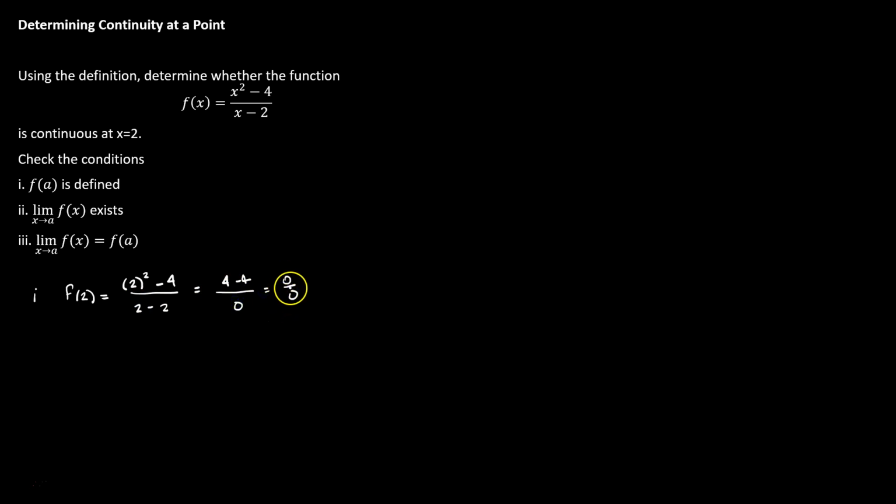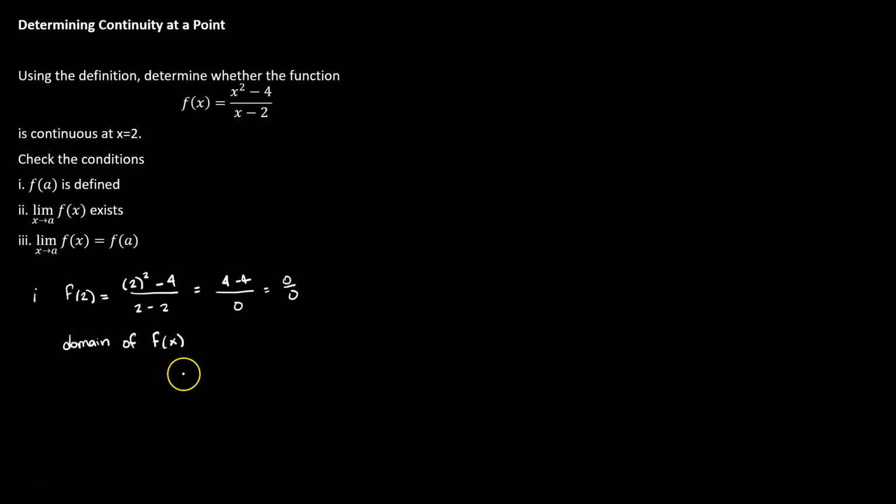In fact, we're getting 0 over 0, which is an indeterminate form. So we're not quite sure if the function is defined just by plugging in x equals 2. What we can do instead is look at the domain of f. Remember that the domain is all the x values that will make that function work.